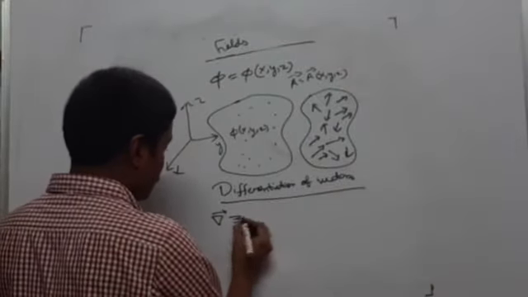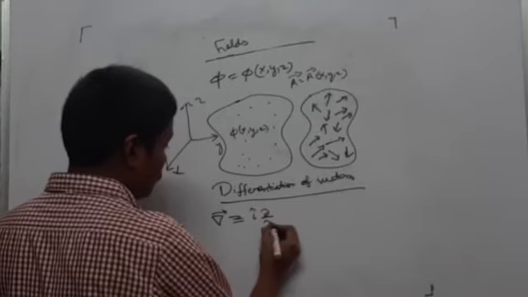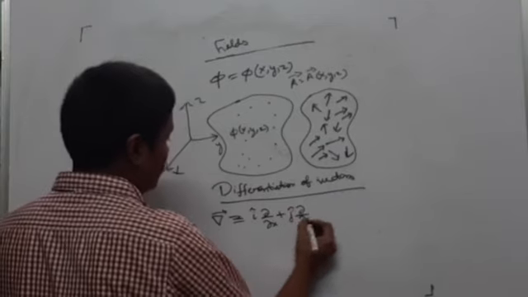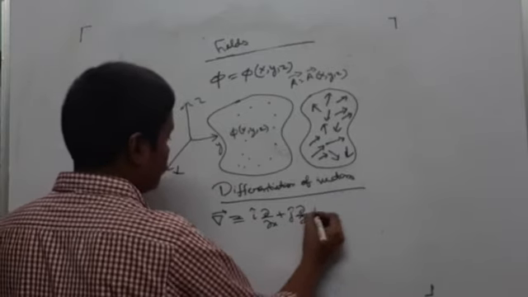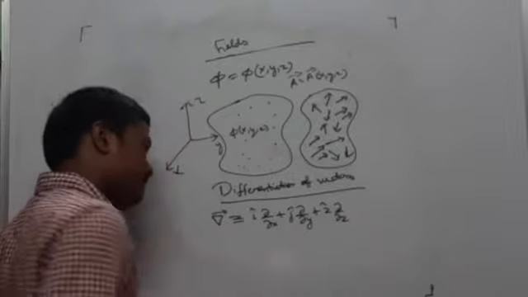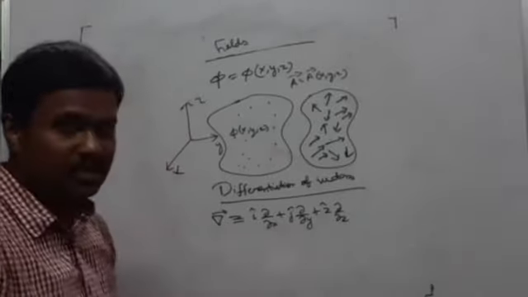This is the grad operator, or the del operator, or some people call it the nabla, but I'll be referring to it as the gradient operator. And in Cartesian coordinates, the gradient operator looks like this. These are partial derivatives with respect to x, y, and z in 3 dimensions.